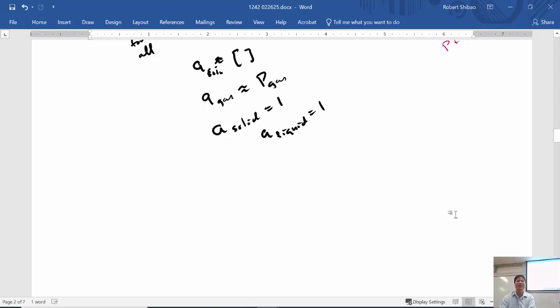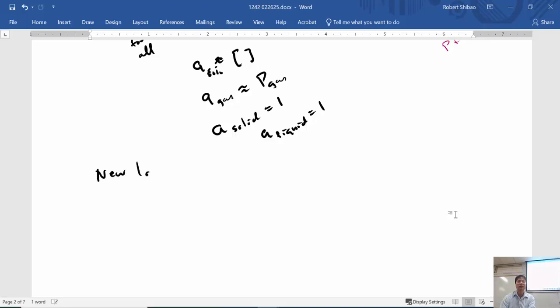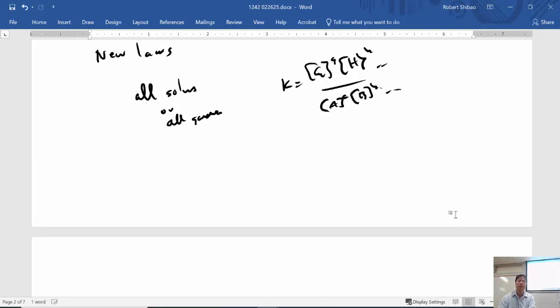So now we're going to have this new law. If we have all solutions or all gases, then K is equal to the concentration of G raised to little g, concentration of H raised to little h, etc., divided by A to little a, B to little b, etc. This we call Kc.